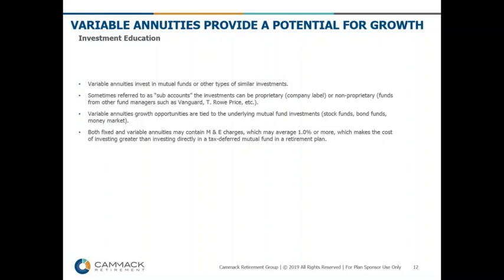Variable annuities offer growth and are tied to underlying investments such as the stocks or bonds that they're investing in. Both fixed and variable annuities contain mortality and expense charges, which may average 1% or more. And that makes the cost of investing greater than in a tax-deferred mutual fund in a retirement plan.